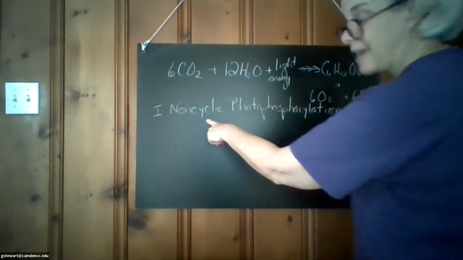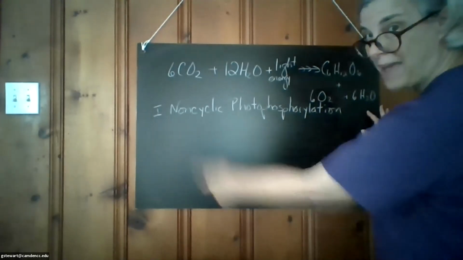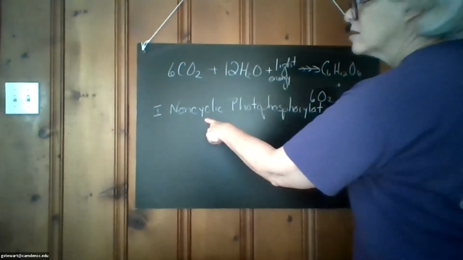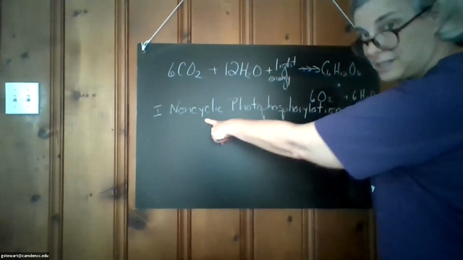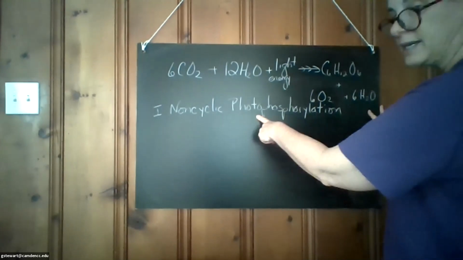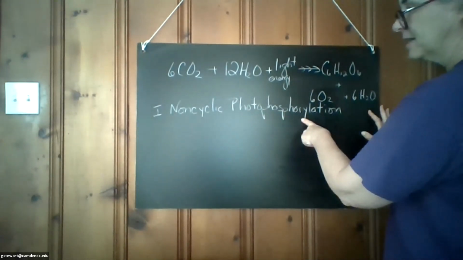Non-cyclic, not a circle, meaning the electrons do not go back to the molecule they started at. There are some cells that actually engage in cyclic photophosphorylation. So this is an important distinction. Non-cyclic photo, light, phosphorylation, adding a phosphate to something.